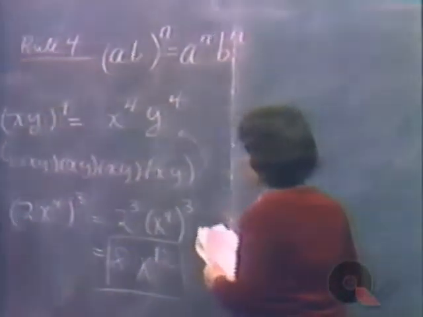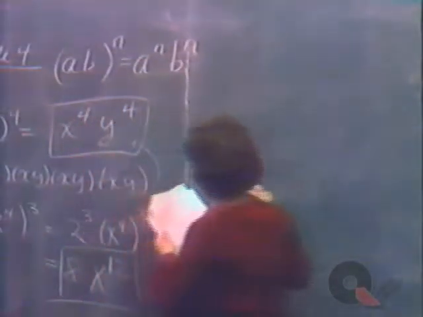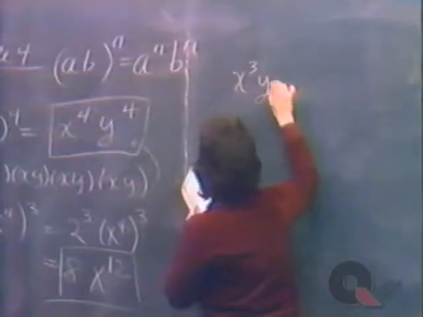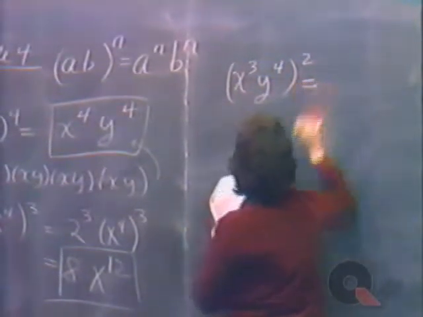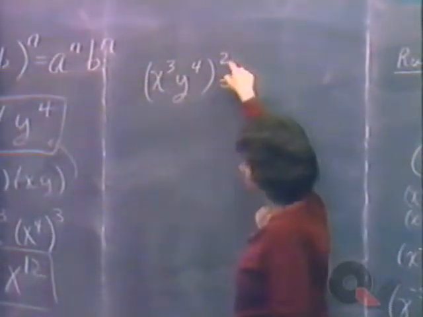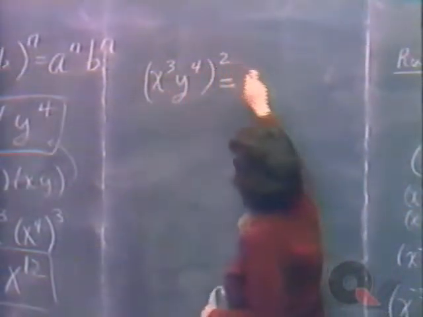Okay, let's try some more examples. x cubed y to the 4th squared. This is once again your ab to the nth power. a to the nth, b to the nth.